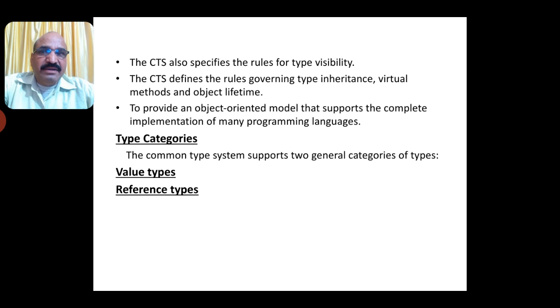Value types can be built-in, user defined or enumerations. Reference types store a reference to a value's memory address and are allocated on the heap. Reference types can be self-describing types, pointer types or interface types.